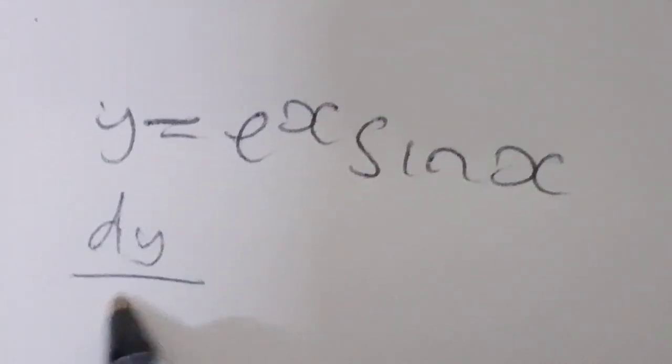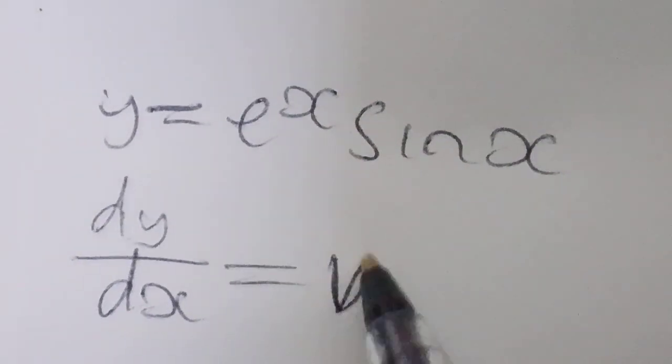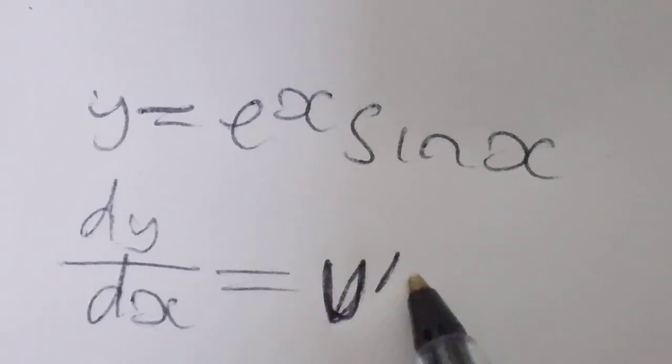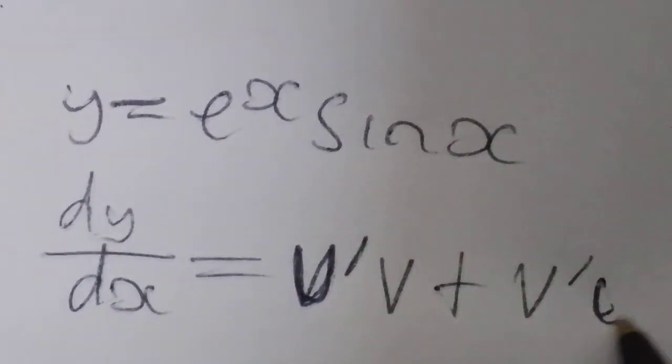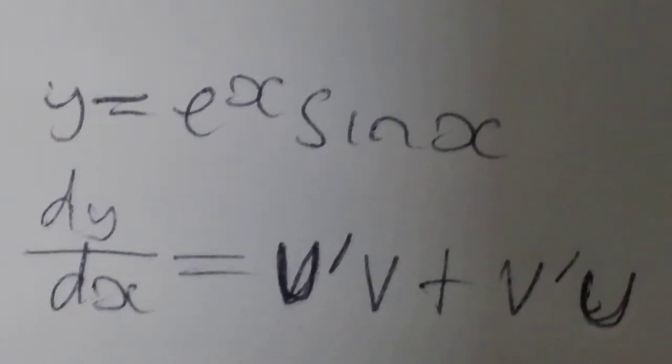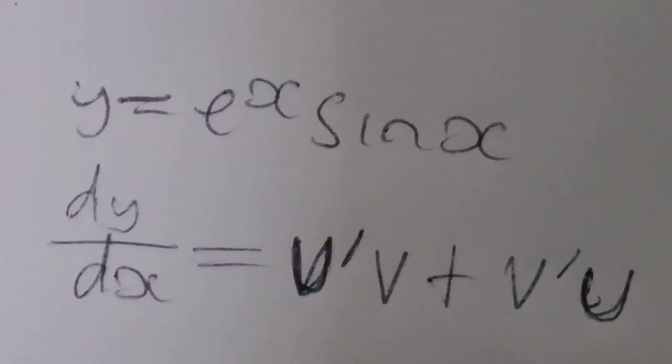For the product rule, the formula is dy over dx is equal to u prime v plus v prime u. So now let's try to identify what we have and what we don't have.